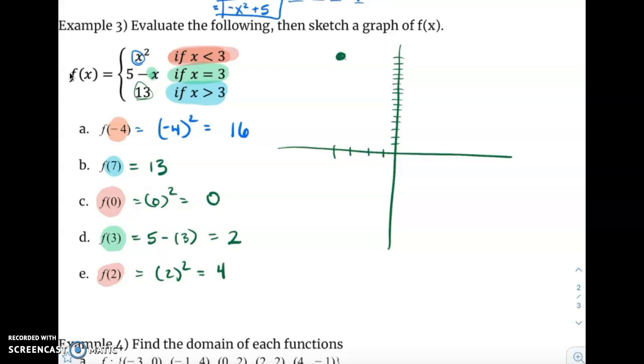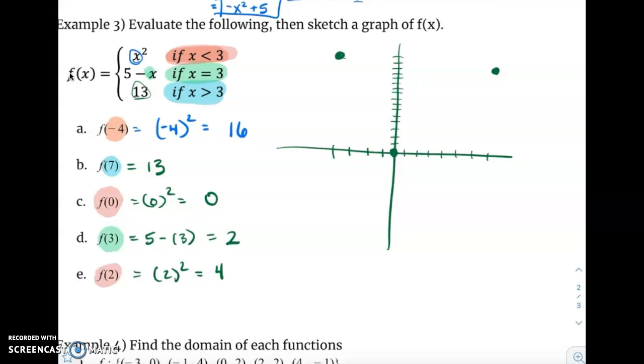Okay, 7 is at 13. Zero's at 0. 3 is at 2. 2 is at 4.